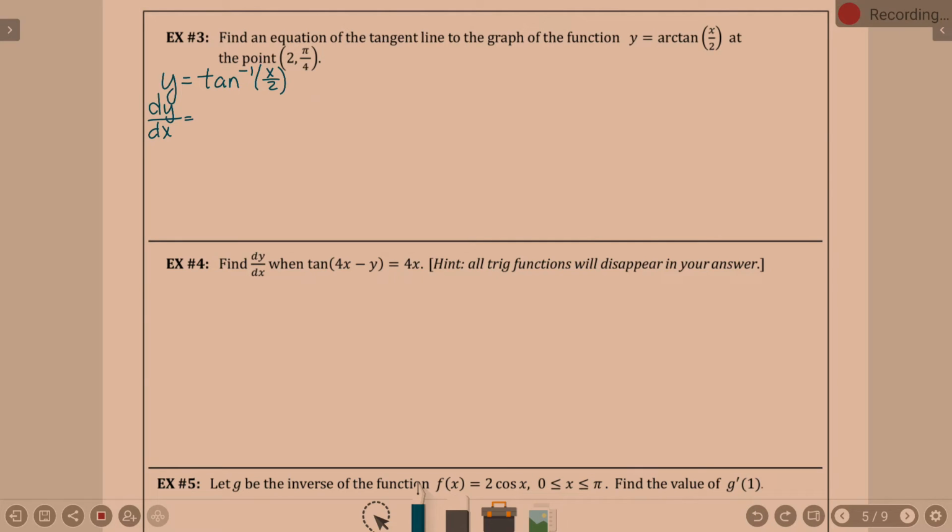What is our tangent inverse derivative? 1 over 1 plus x squared. Officially I would say u, so 1 over 1 plus x over 2 quantity squared, times the derivative.